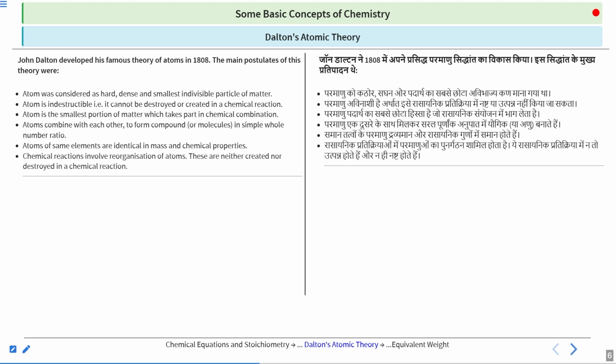Now, chemical reactions involve reorganization of atoms, and these are neither created nor destroyed in a chemical reaction. So whenever you do a reaction, what we simply do is reorganize these indestructible atoms here and there to get our compound. Okay, and these atoms are not destroyed in a chemical reaction, meaning you will not see a nitrogen atom getting converted to an oxygen atom.